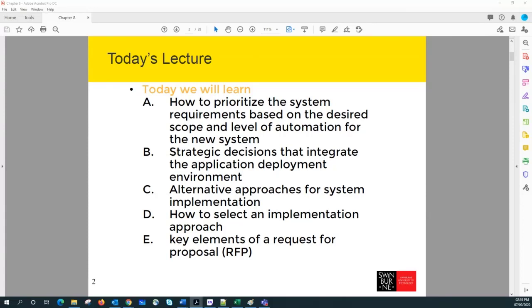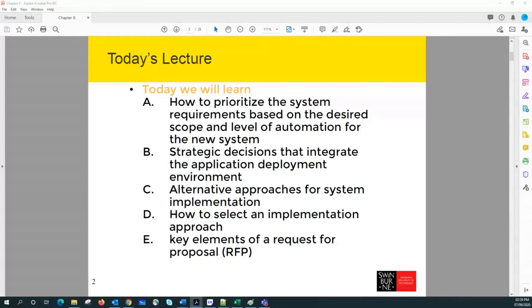We gather the information, and then we define the system requirements using various models. You know how to use the models by now. And as a part of system analysis, last week I discussed how to develop user interfaces or prototypes for feasibility and discovery purposes.